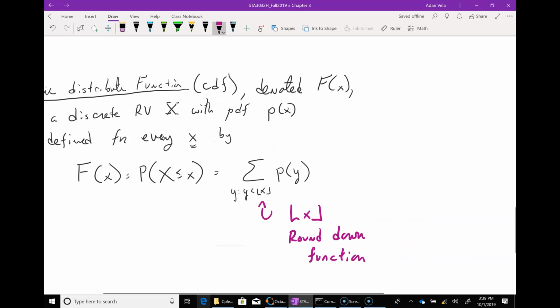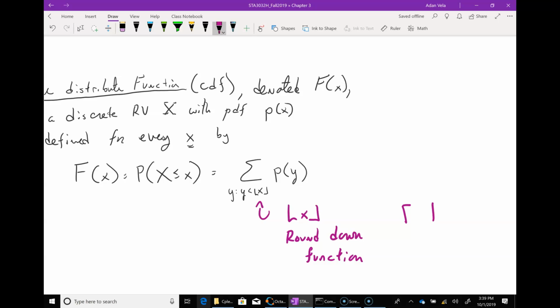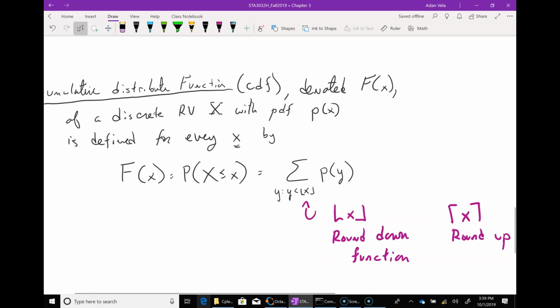If I wanted to round up, I would actually write it like this. The reason why I write this round down function is because what if I said I want to calculate the probability that x, the number of children I have before a girl, is 3.5. Well, that doesn't really make sense. So what I do is I actually round down to 3.